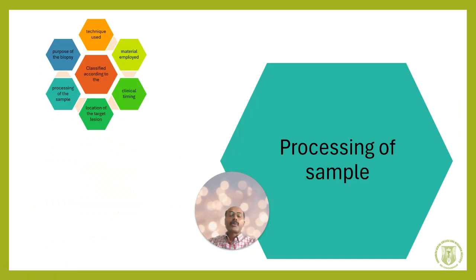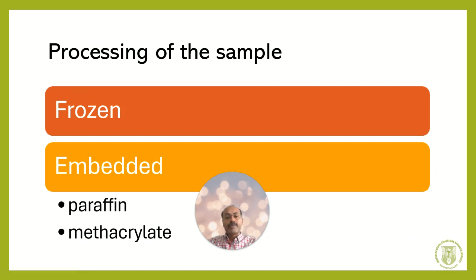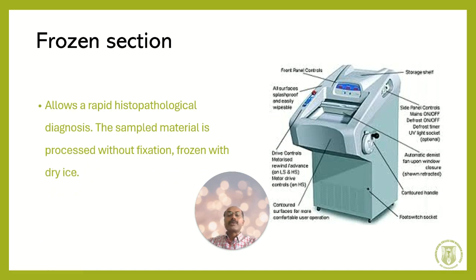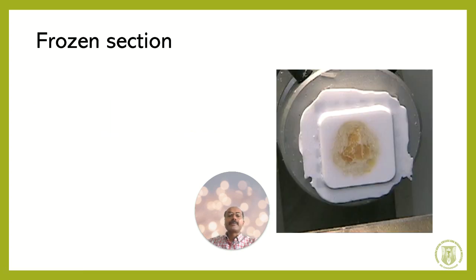So depending on the processing of the sample, biopsies can be classified further as frozen biopsies and embedded biopsies. In a frozen biopsy technique, as we had already seen, a cryostat is used in intraoperative procedures, and it allows a rapid histological diagnosis, and the sample material is processed without any fixation and is frozen by using dry ice.